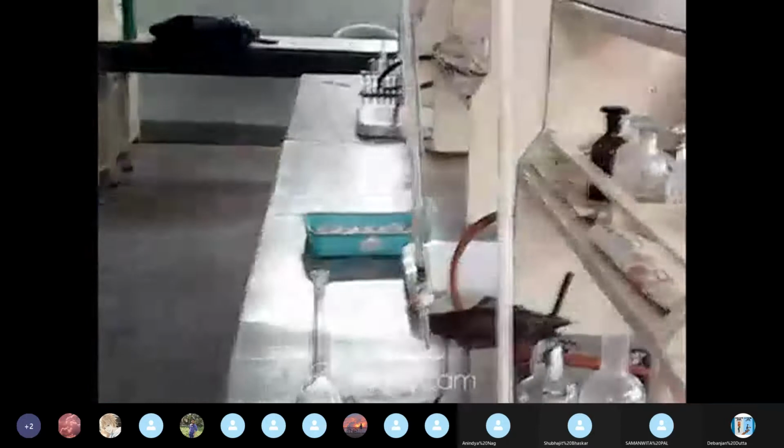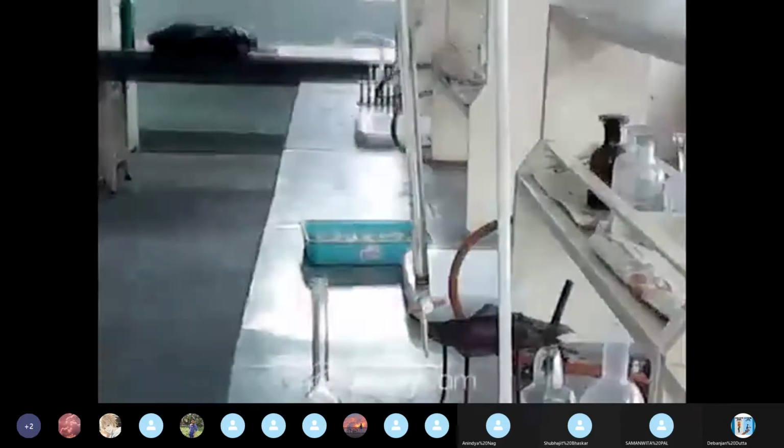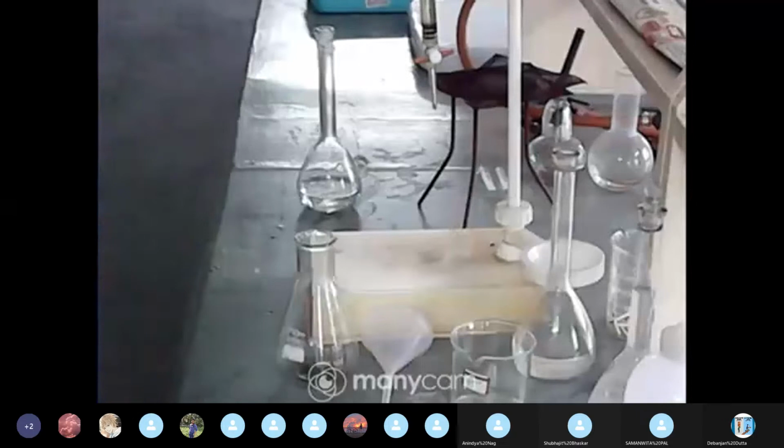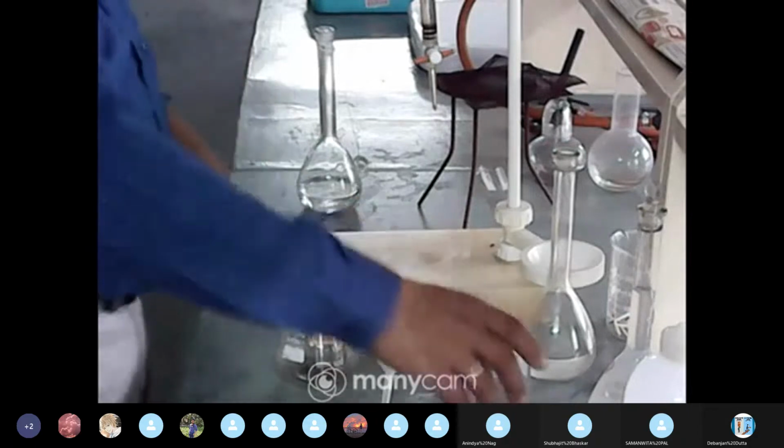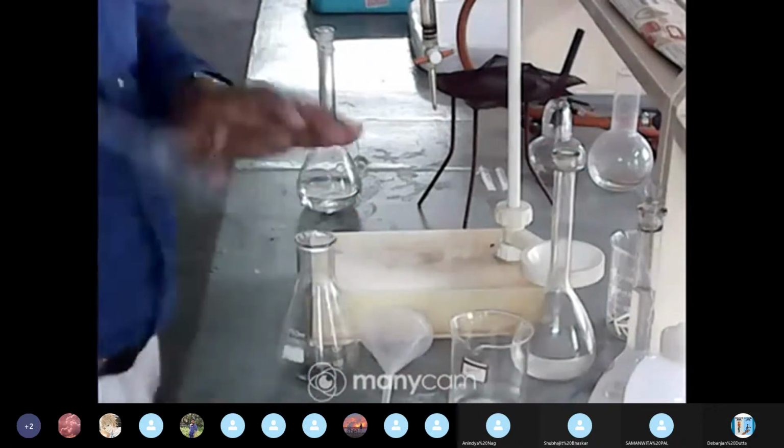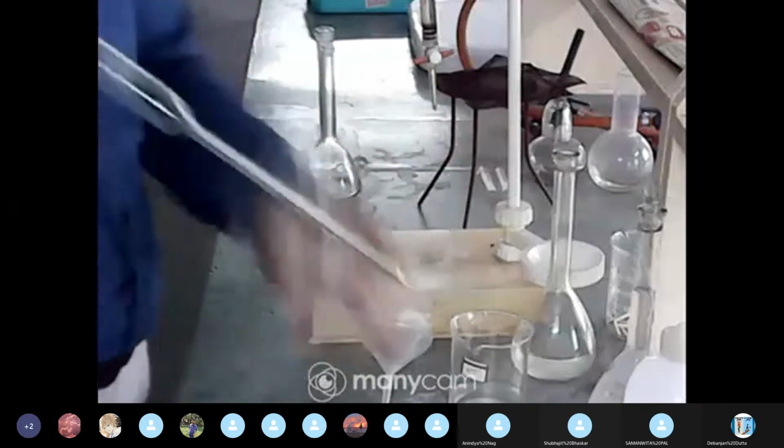Next step is to pipette out 25 ml from the stock solution we have prepared. Pipette 25 ml.